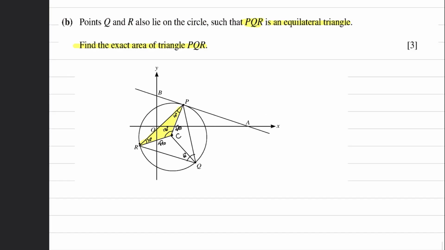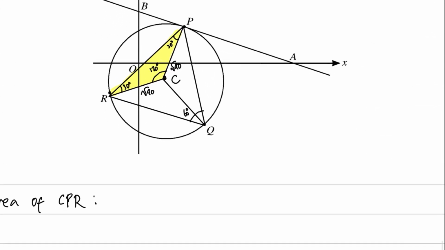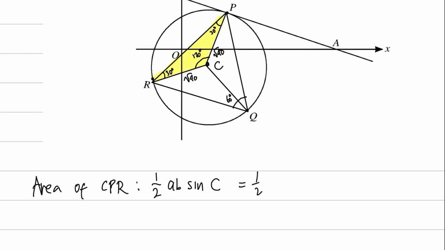So let's find the area of the triangle CPR. We have the square root of 40, the square root of 40, so we can use the area of a triangle using sine. The formula is half ab sine C. Means that we multiply the sides times the sides.